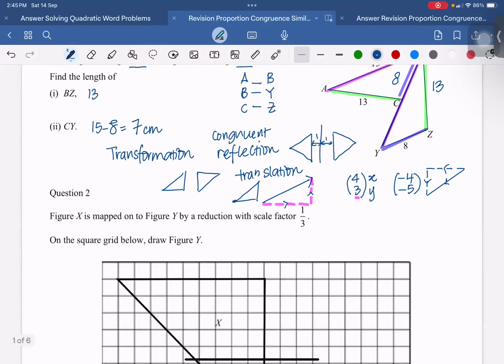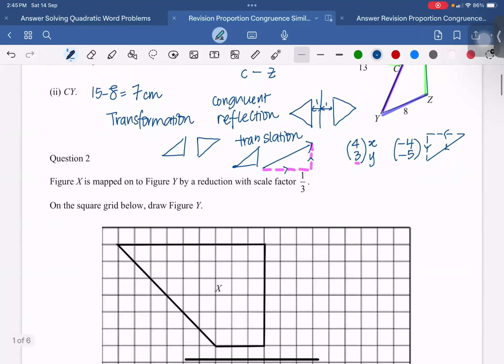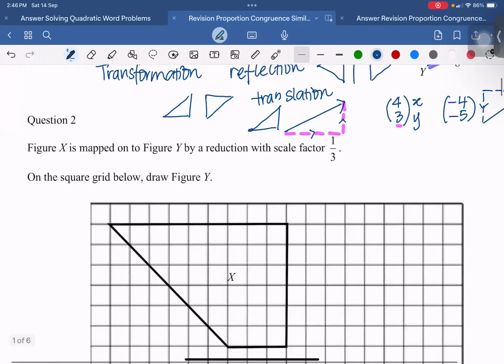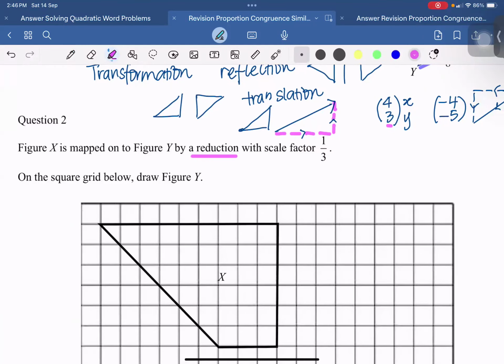Similar, and one of the transformations to do with similar will be an enlargement or a reduction. When you have an enlargement or a reduction, there's something to do with a scale factor. Can anyone remember how to find scale factor? Image over original.